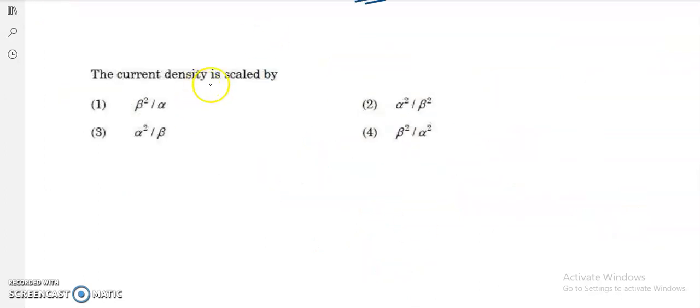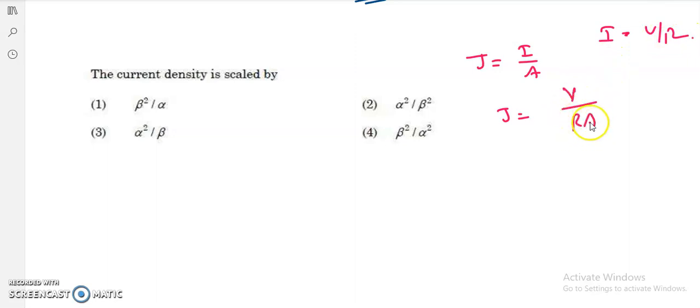And now they are asking about the current density, scaled by. Generally the current density formula is J equal to I divided by A, and I can be written as V by R. So V divided by R into A. V is a power supply, so it has to be scaled by 1 divided by beta, and R is a constant, so just leave that one.